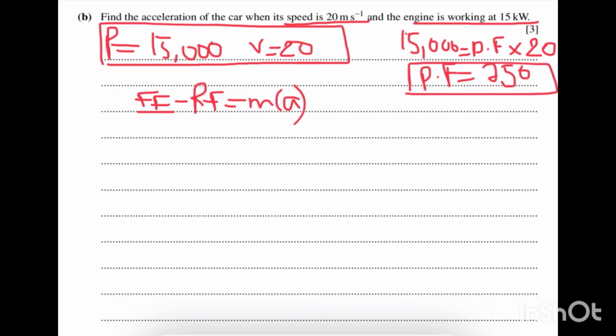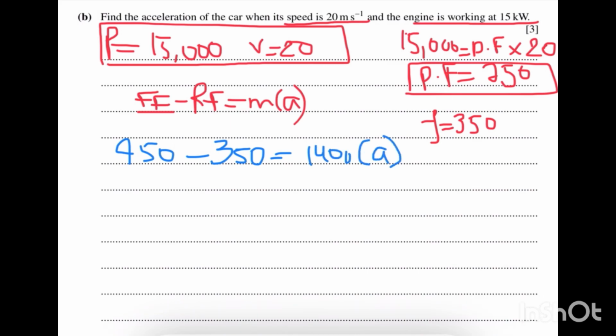Other than that, the friction will remain the same, which was given to us as 350, as given in the prompt of the question. 750, the driving force, minus resistive force of 350, is equal to the mass 1400 times a. This becomes 400 is equal to 1400 times acceleration.